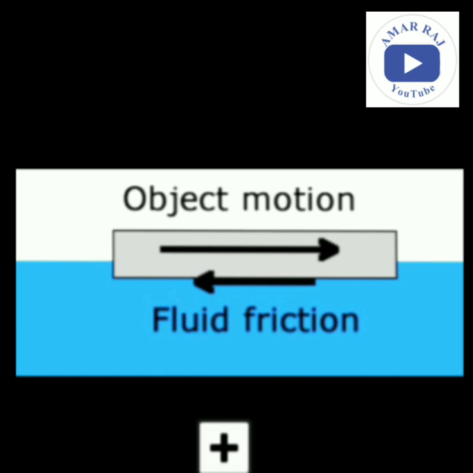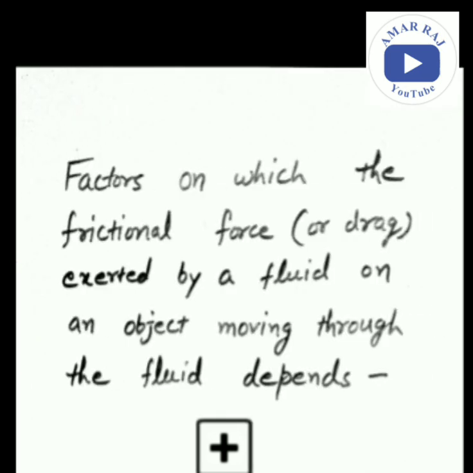It also acts between different layers of fluids, and its direction is just opposite to the relative motion of these layers. So students, this was about the direction of fluid friction, which is opposite to the relative motion of different layers of fluids.